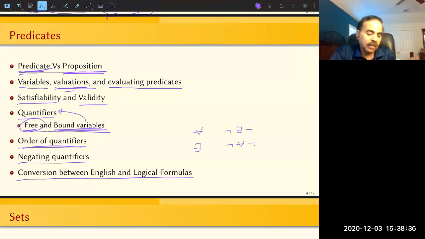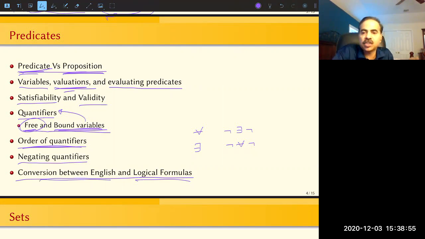One of the exercises we went through is to start with a statement in English and convert that into a logical formula, as a way for us to express in a precise way what we want to express, right?